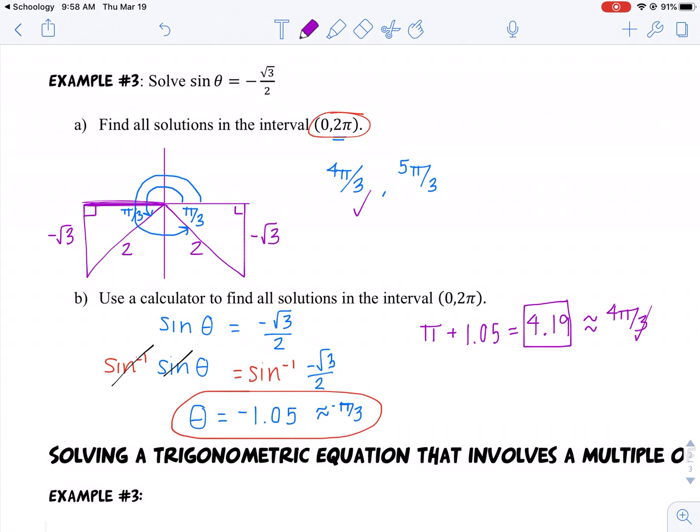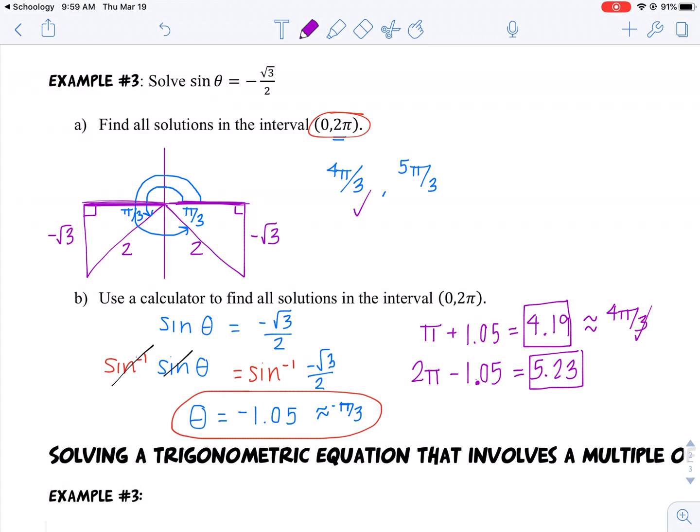Well, my next angle, I could look at it as, oh, it's 2 pi, but it's pi thirds short, right? It doesn't get fully around that rotation. So my other angle I'm going to find is 2 pi, now I'm going to subtract my reference angle of 1.05. So that's 5.23.